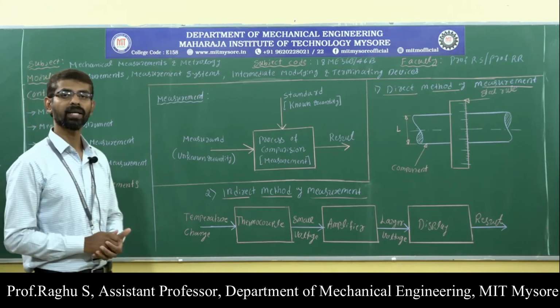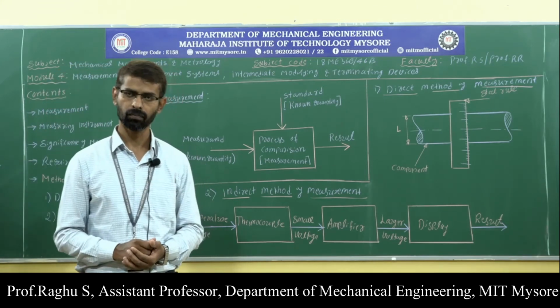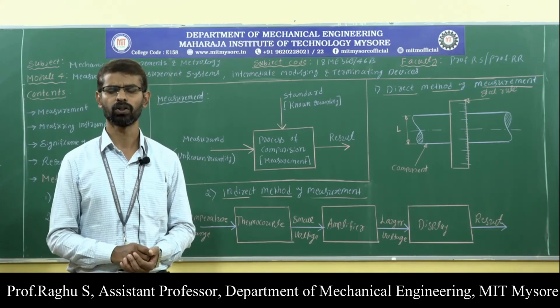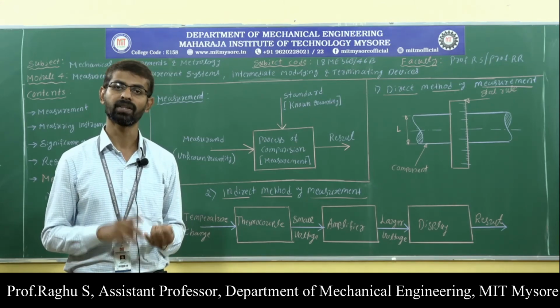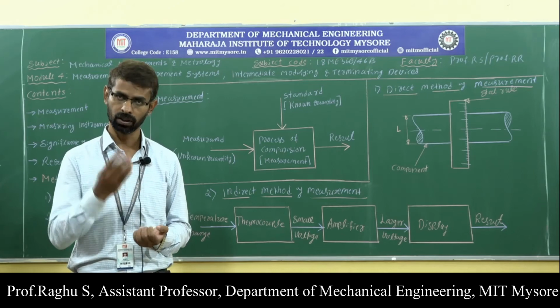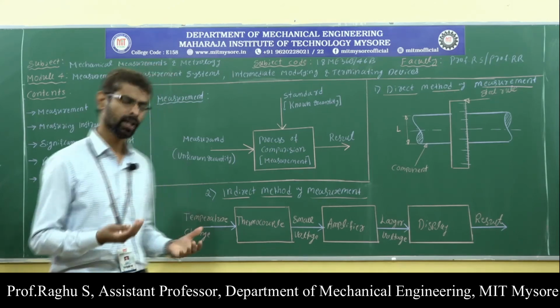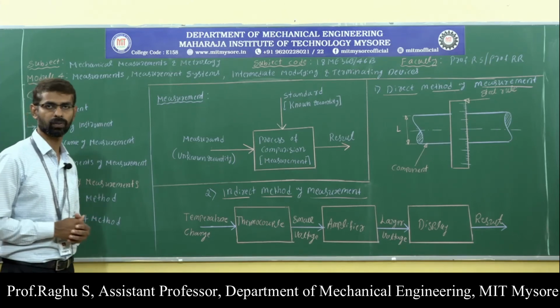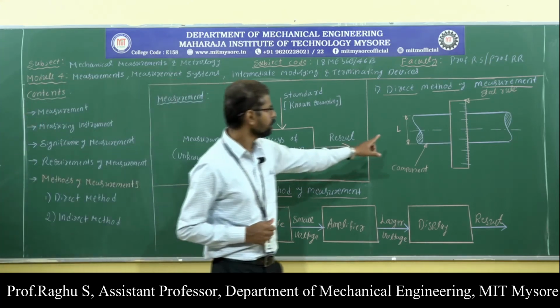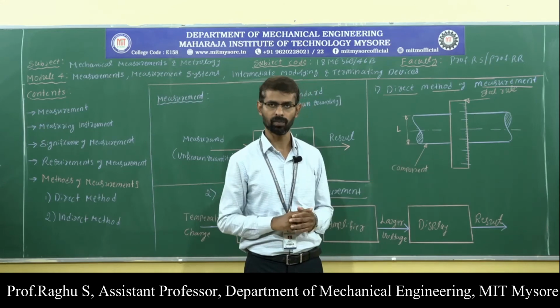Next, move on to the methods of measurement. There are various methods of measurement like direct method, indirect method, deflection method, null method, coincidence method, comparison method. Now we will discuss the direct method and indirect method of measurement. This diagram shows the direct method of measurement.